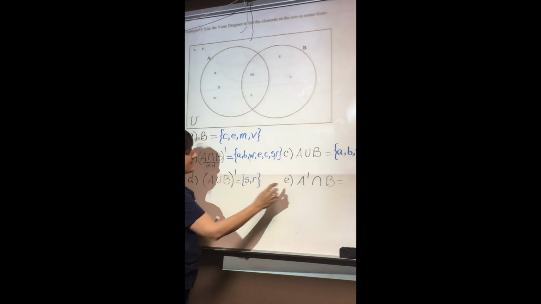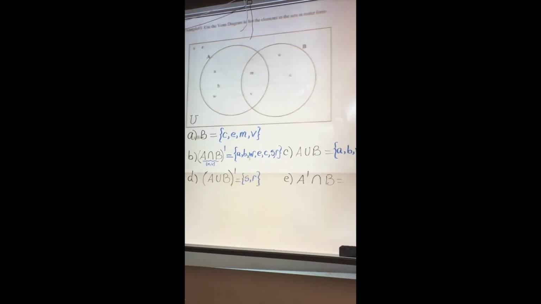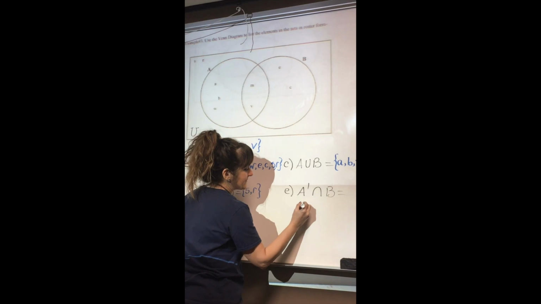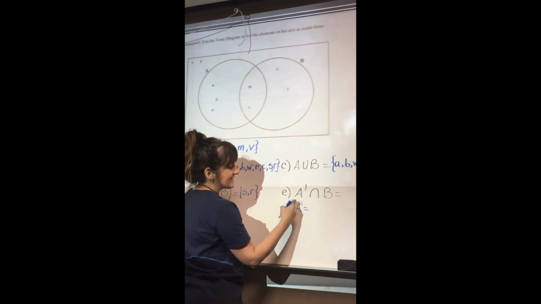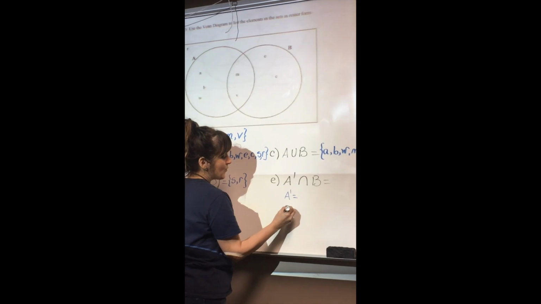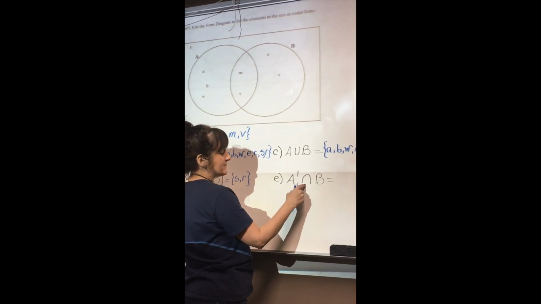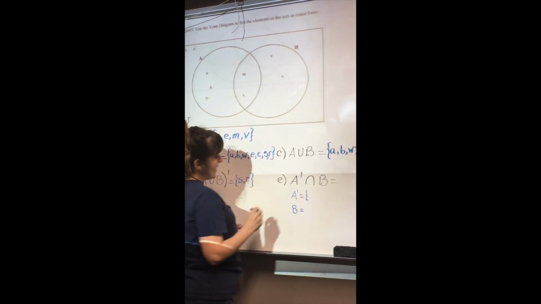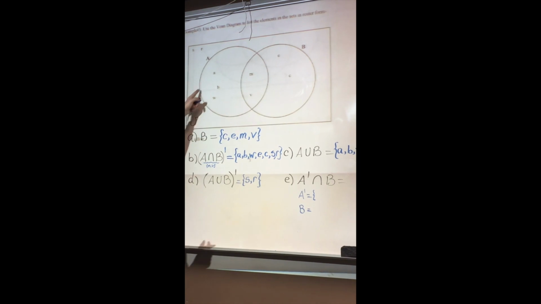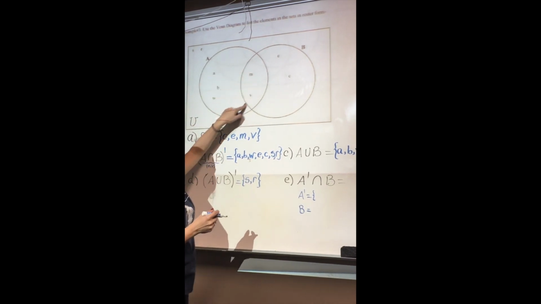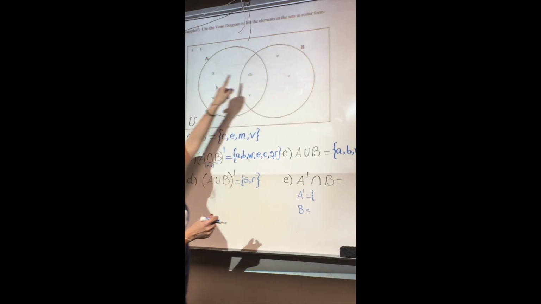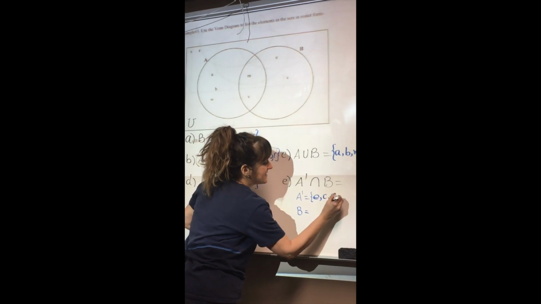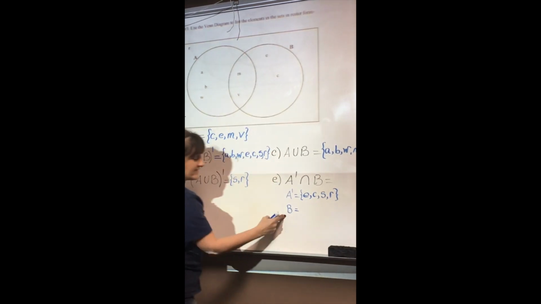And then last but not least, example E, where we have to do A complement intersection B. When I have this, I like to list what's in A complement, what's in B, and then do the intersection between those two sets. What's in A complement? It's what's not in A. This is A. So A complement is E, C, S, R. What's in B?